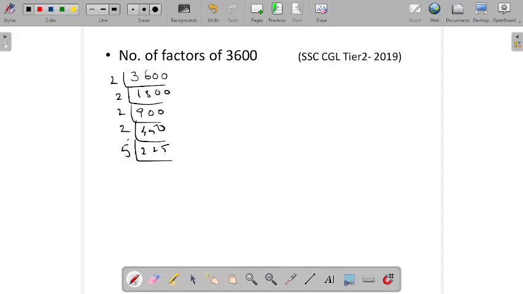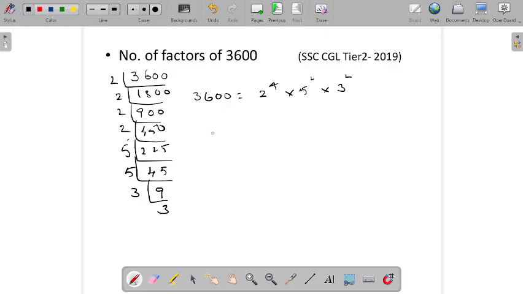Let me apply 5, 45. Let me apply 5, 9. Let me apply 3, 3. So 3600 can be taken as 2 power 4 into 5 square into 3 square. Check: 9 times 25 is 225, 225 times 16 is 3600. Okay, so we need to find the total number of factors.